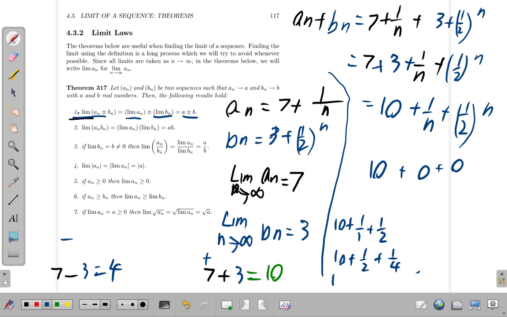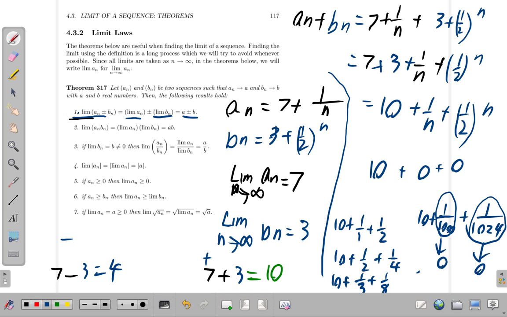The third term would be 10 plus 1 over 3 plus half cubed, which is 1/8. The thousandth term would be 10 plus 1 over 1000 plus 1 over 2 to the 1000, which is very, very small. They keep getting smaller and smaller, and the 10 remains. So this tends to 0, and this tends to 0, and the 10 remains. So this is 0 plus 0.